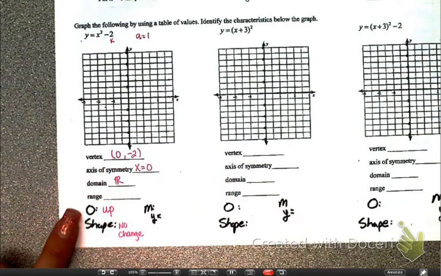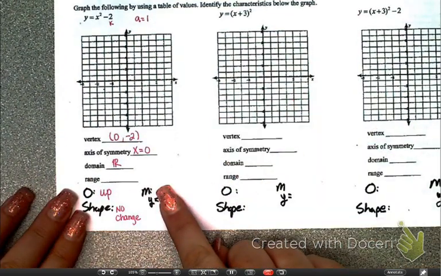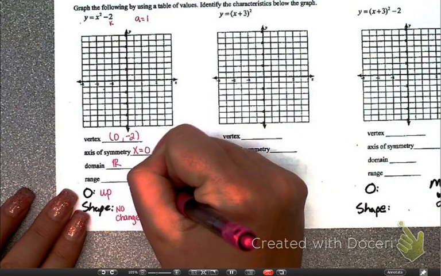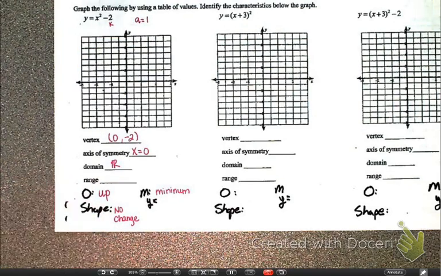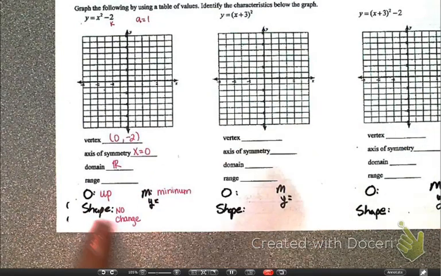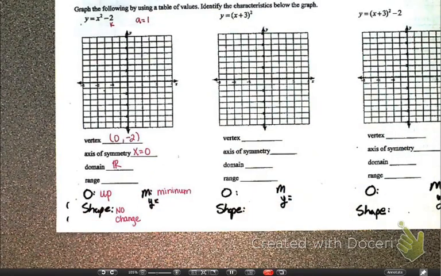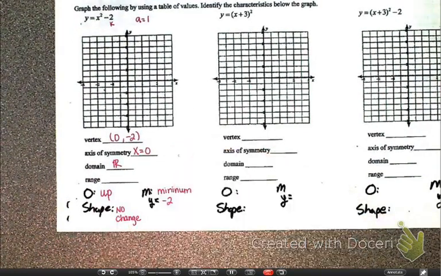If it faces up, do I have a maximum or a minimum? A minimum. Okay, and I don't like how it's written, but this is going to be our minimum value. Do you remember when we talked about minimum value? What is the minimum value? -2. It's the y value of your vertex. Okay, so my minimum value is -2.